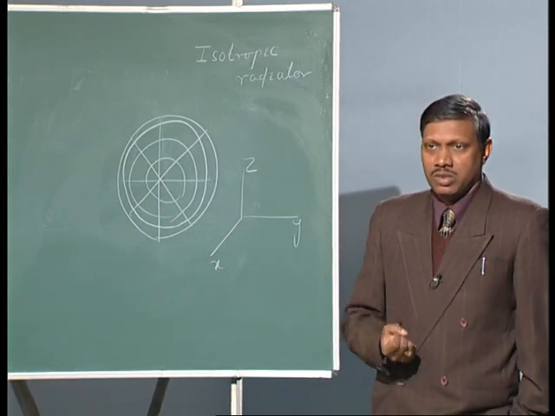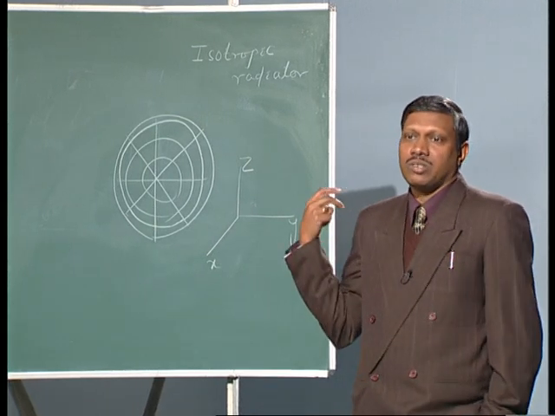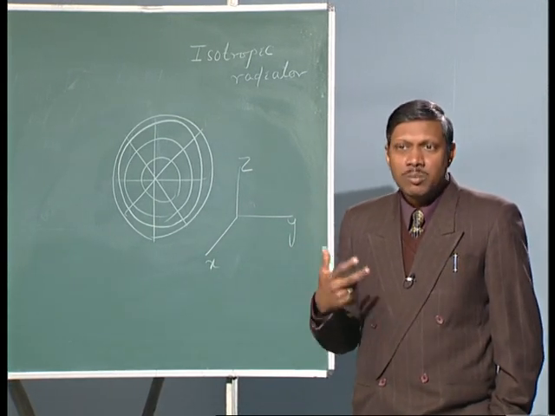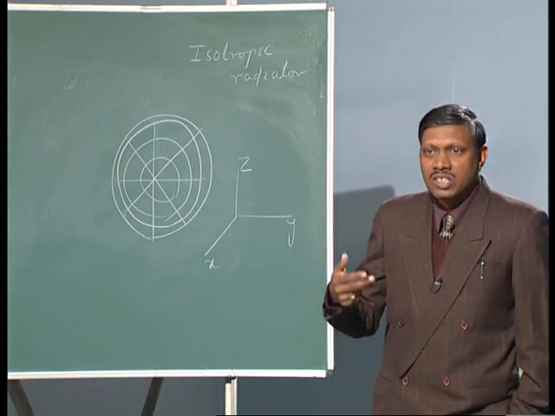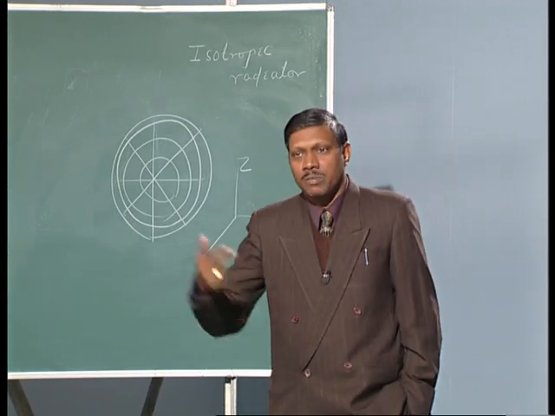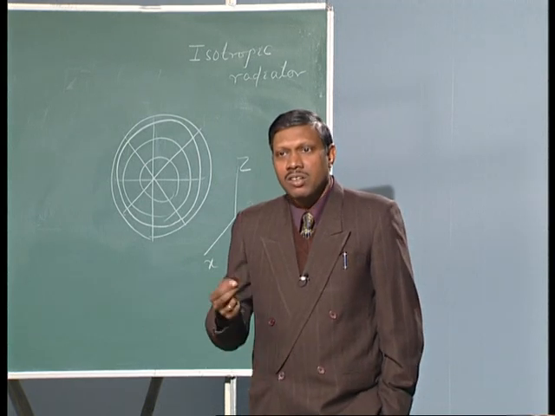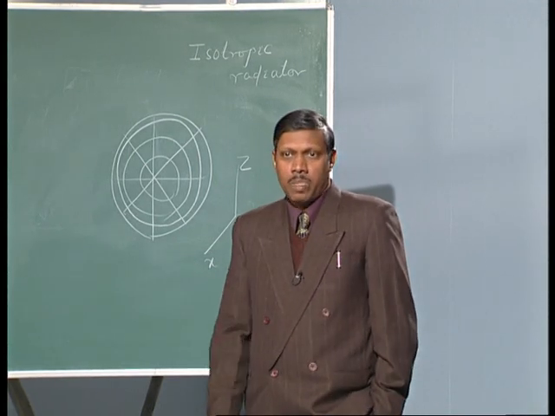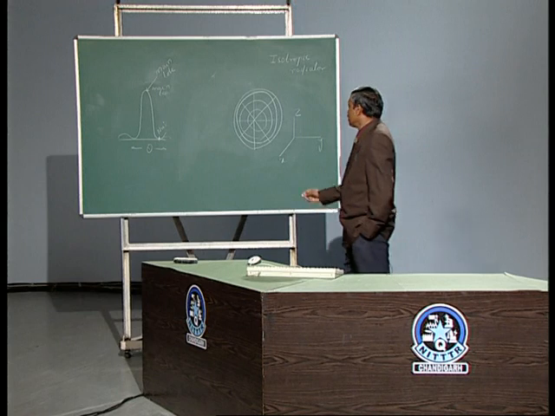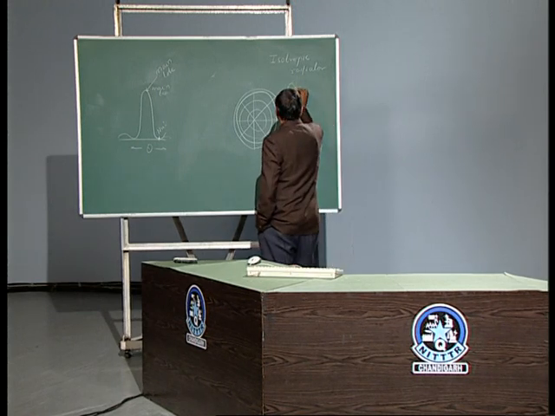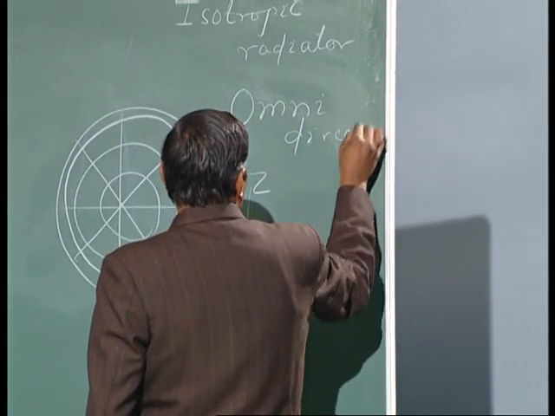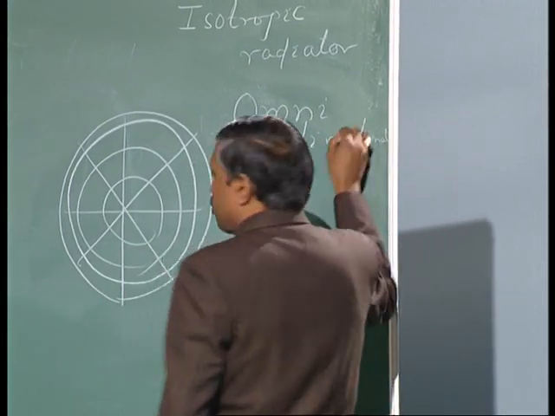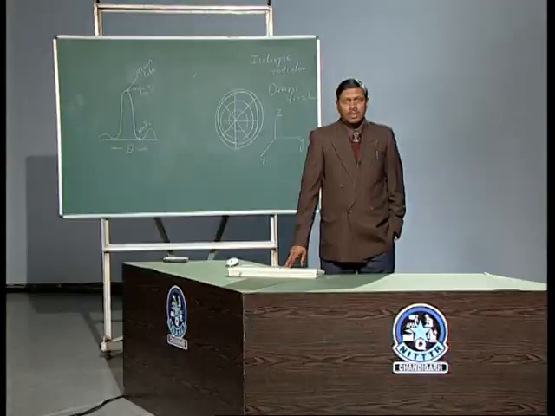A point source gives isotropic radiation, but this is not possible in practical antennas. The antennas which are fabricated, which are designed by you for practical use, cannot give you isotropic radiation. But if you are looking for omnidirectional radiation, yes, it is possible through a practical antenna.